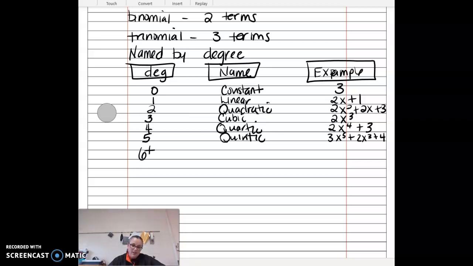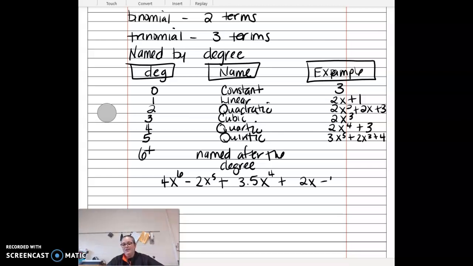Anything after 5 degrees would be named after the degree. So if I gave you, I don't know, 4x to the 6th power minus 2x to the 5th plus 3.5x to the 4th plus, I don't know, 2x minus 3.